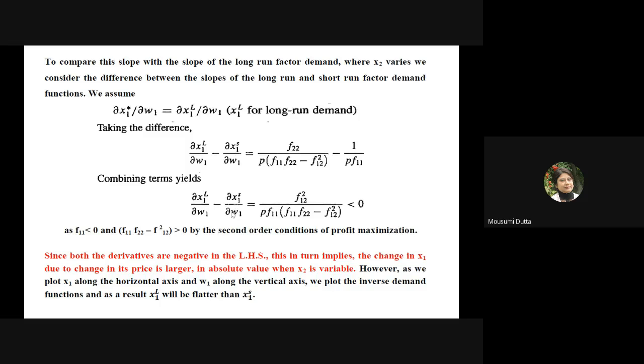However, we will follow the Marshallian convention when we draw the diagram presenting the long run and the short run factor demand curves. Along the vertical axis, we will measure W or W1, the price of factor 1, and along the horizontal axis, we will measure the quantity demanded of factor 1.